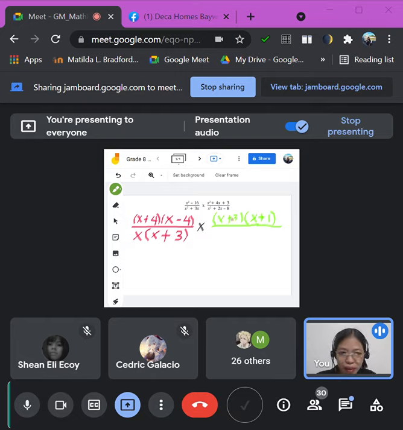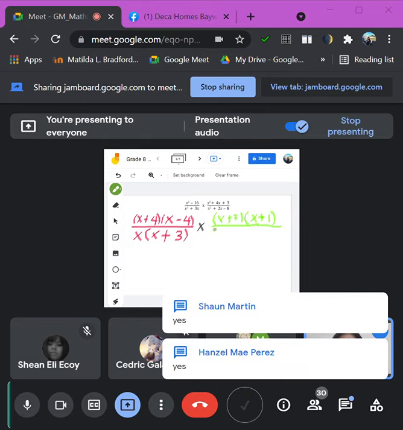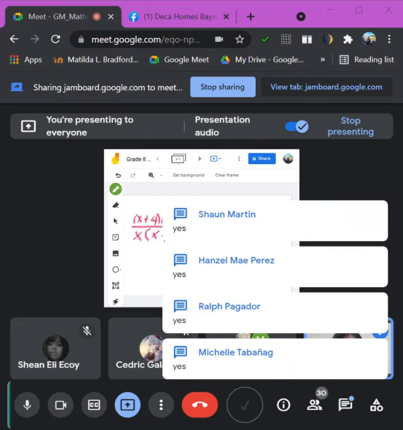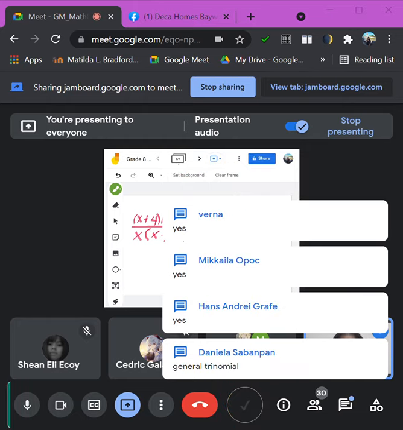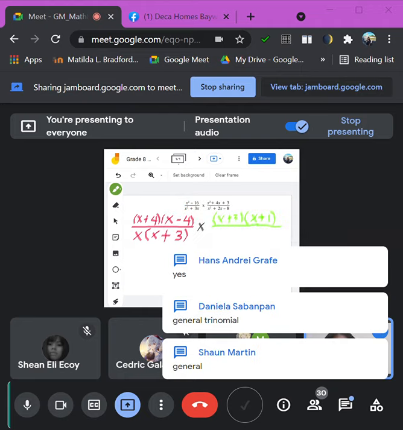So, since ato namang na-factor ang atuang numerator sa atong second nga given, how about the denominator? Ma-factor siya, dili? Yes, gihapon. Yes, sir. So, what we are going to do here? General trinomial again. Very good.